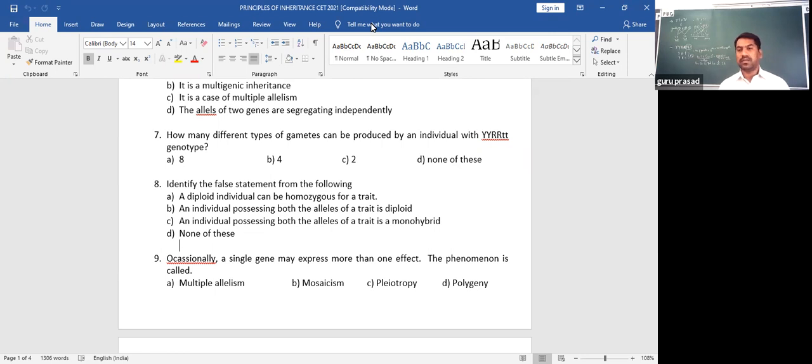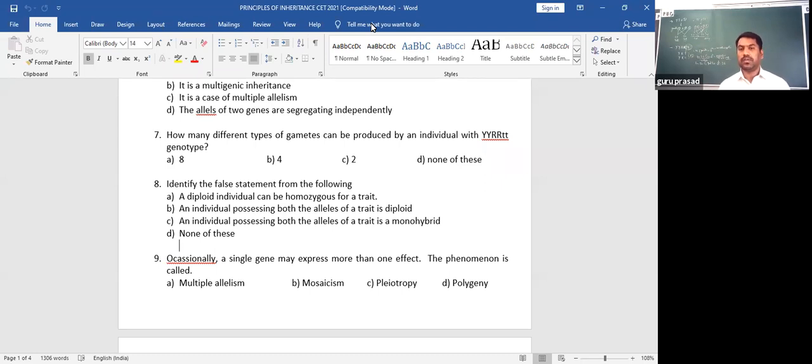What do you call mosaicism? So mosaic, basically, is the presence of different patterns. So mosaicism is one of the conditions where a single individual's body cells contain different types of genetic lines. They found different genetic makeup in the same body cells.